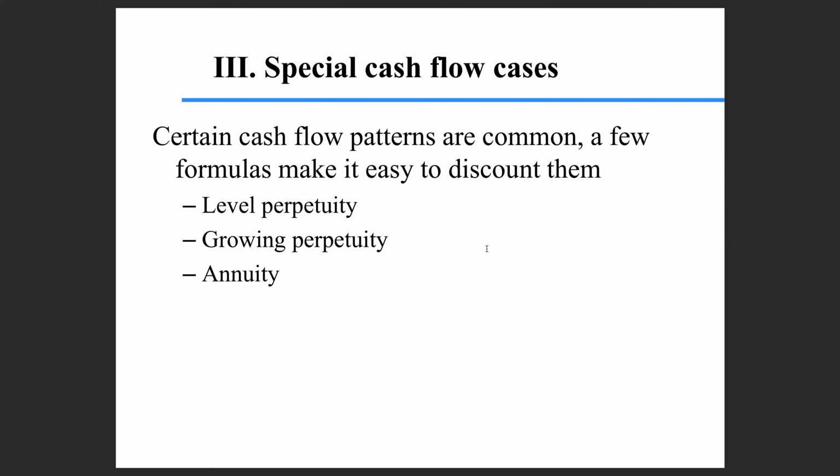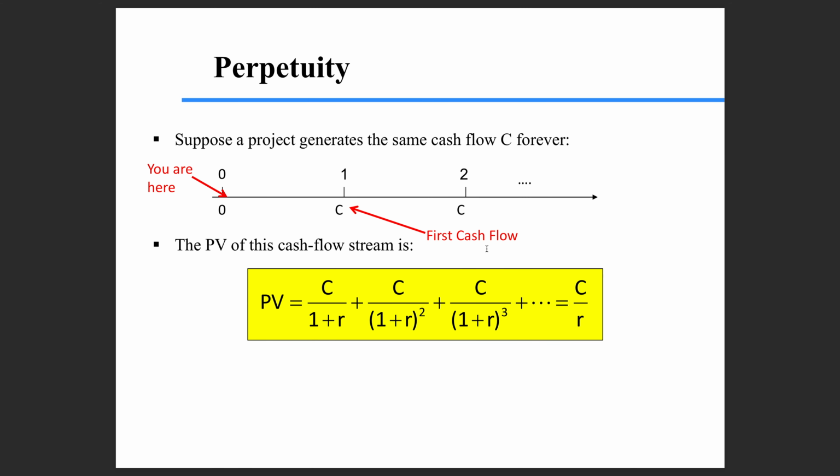It's an infinite stream of identical cash flows. So here's a timeline representing perpetuity. And you can see that starting at time one period from now, I will receive $C each period from this investment, and that would last forever.